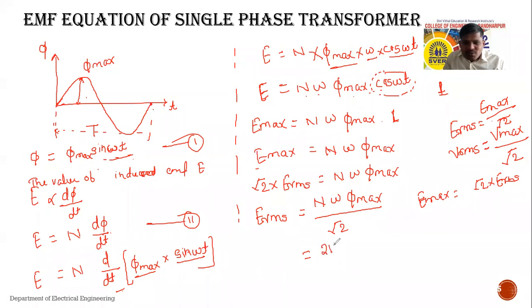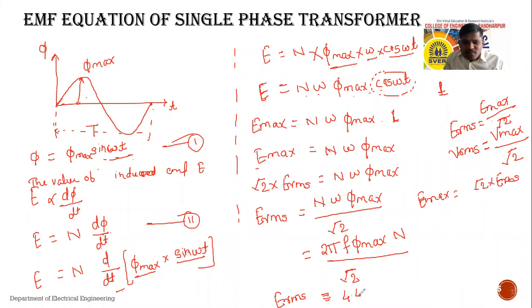So it is equal to 2 pi f into phi max into N divided by root 2. So tell me the value of 2 pi divided by root 2. It is 4.4428.